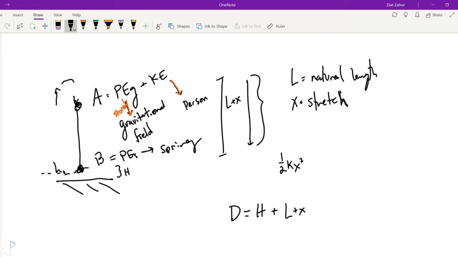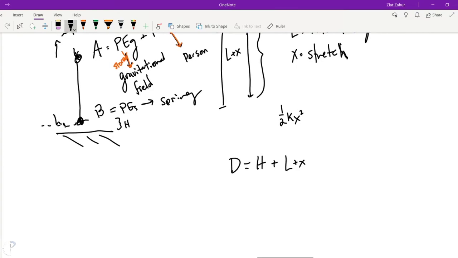L being the natural length, x being the stretched amount, and H being the amount that is above the ground, and d is the total distance from the ground to the top. Okay, so this allows us to find what x is. x is equal to d minus H minus L.